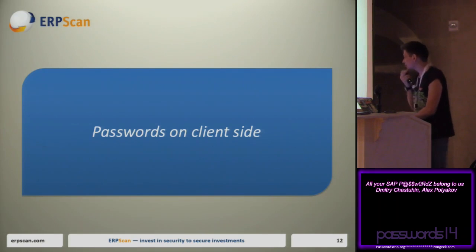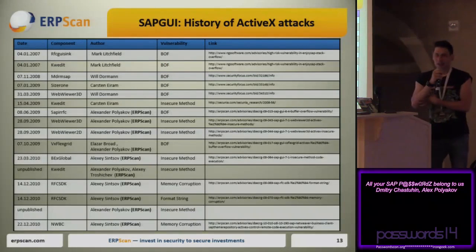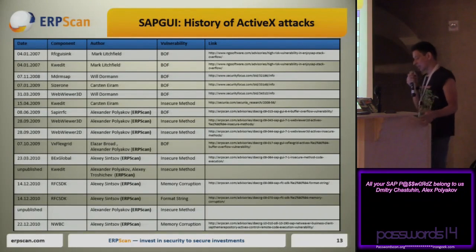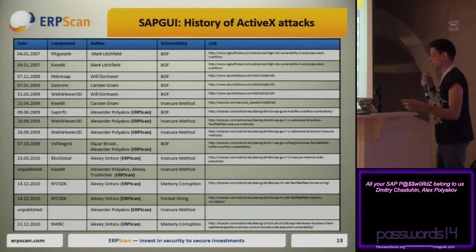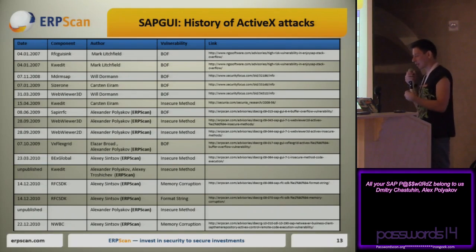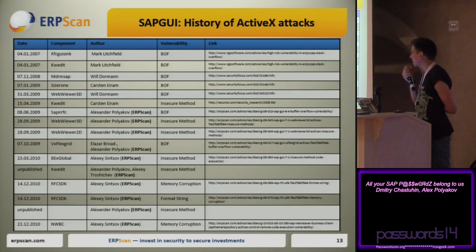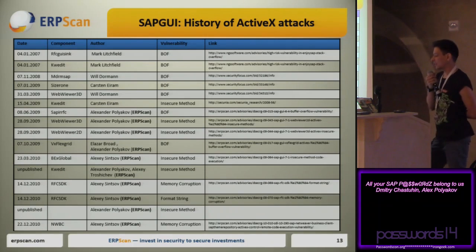So let's start with the passwords on the client side. How can an attacker compromise or get access to the client side? All SAP users use a client called SAP GUI to communicate with the SAP system, and the SAP GUI uses a lot of different ActiveX components for its work.